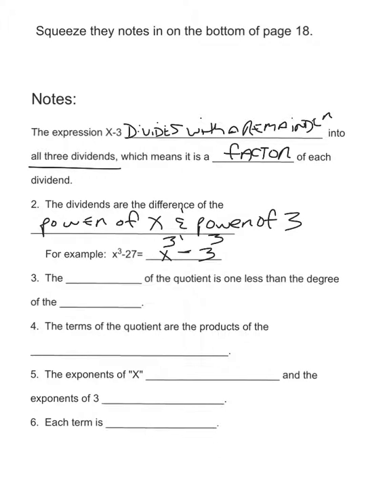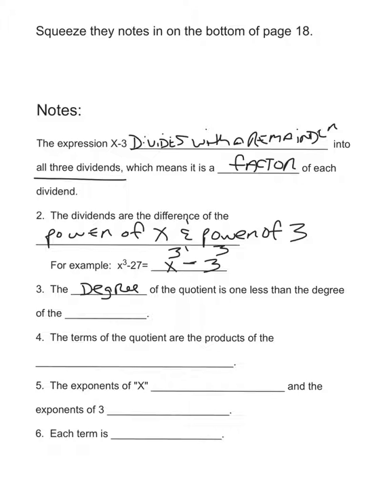So they're both being cubed. Therefore, the degree of the quotient is 1 less than the degree of the dividend. So I'll fill that in with a dividend here.